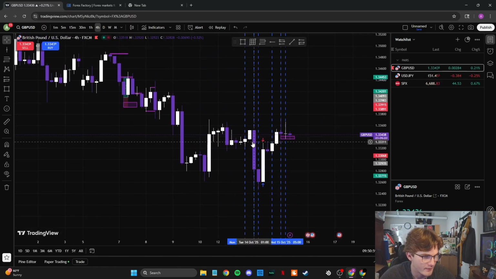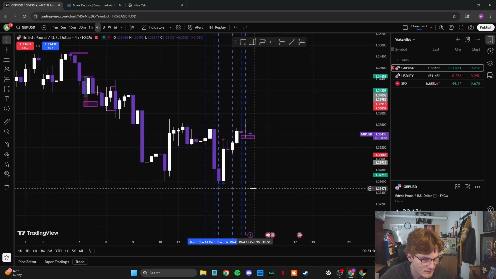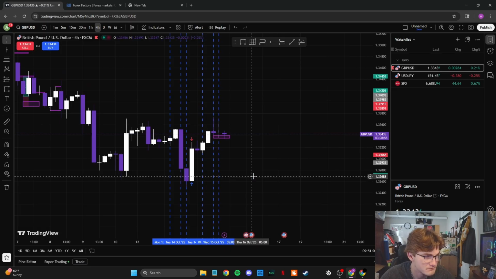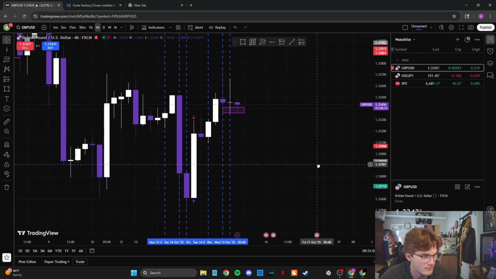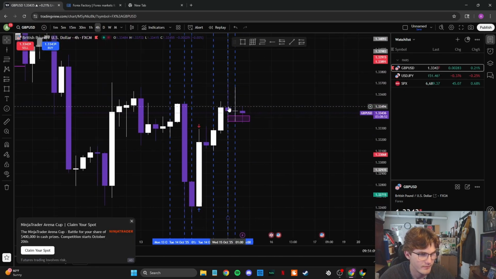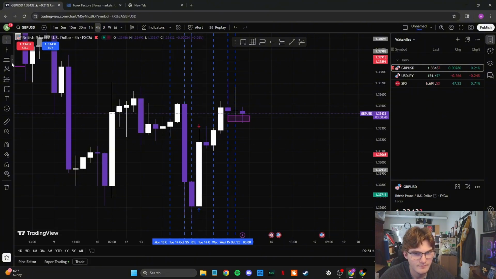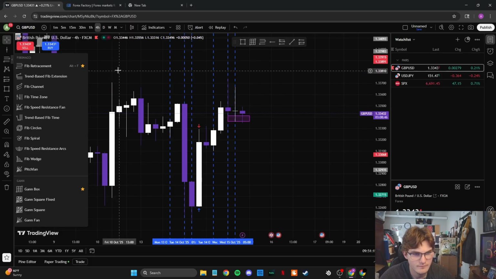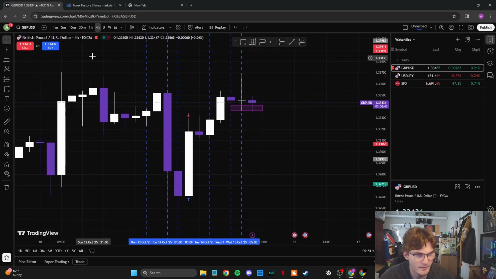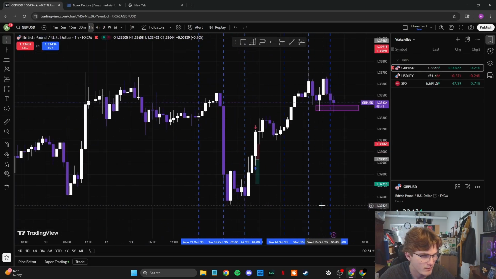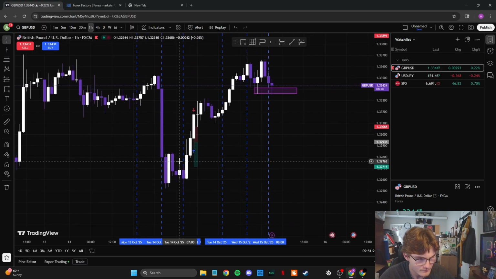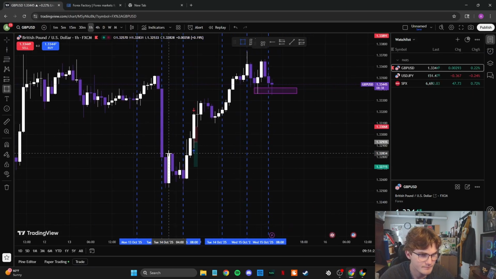So there was a 4-hour fair value gap which got filled, which now leaves this equilibrium from this retracement. There's probably a 1-hour order block down here.